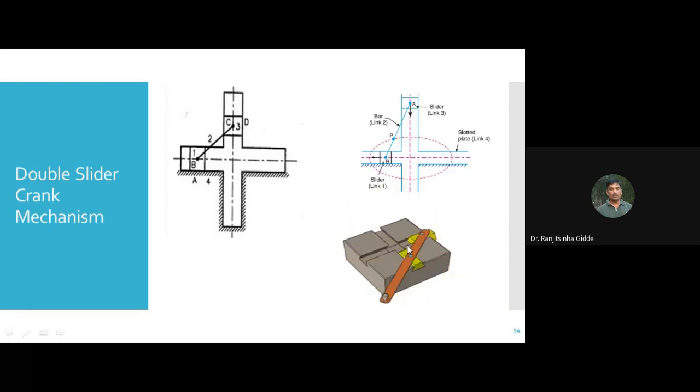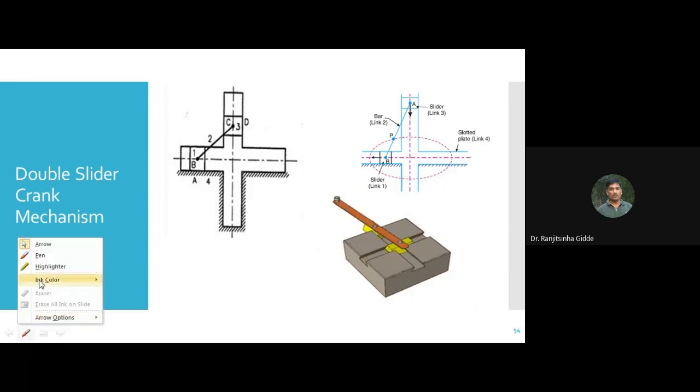So there are two sliders, one bar and one slotted plate. The first slider is link 1, the second slider is link 3, the bar is link 2, and the slotted bar is link number 4. So this is the bar, link 2.